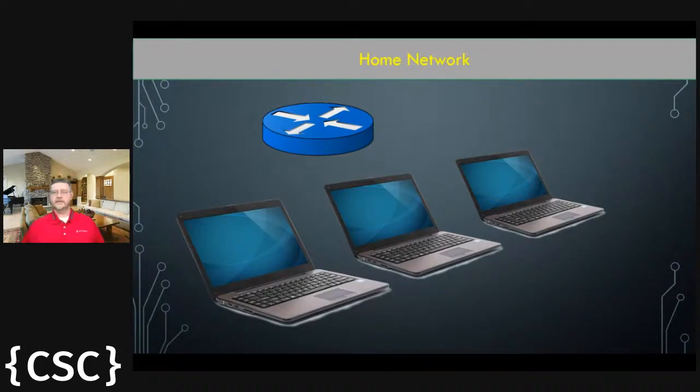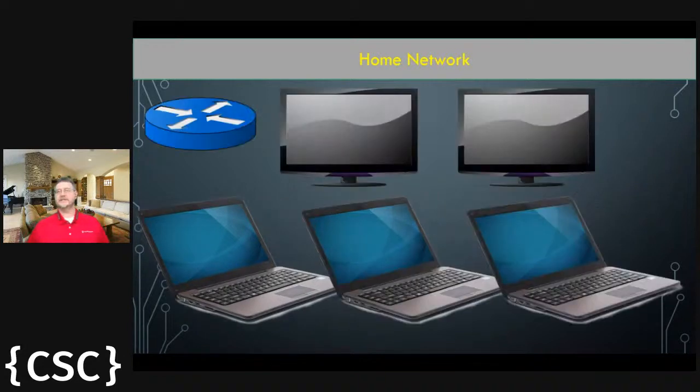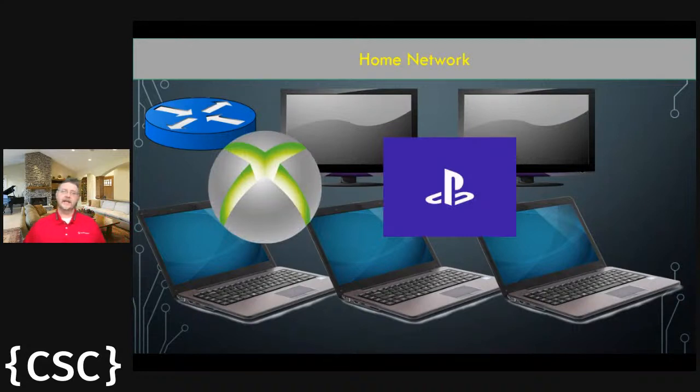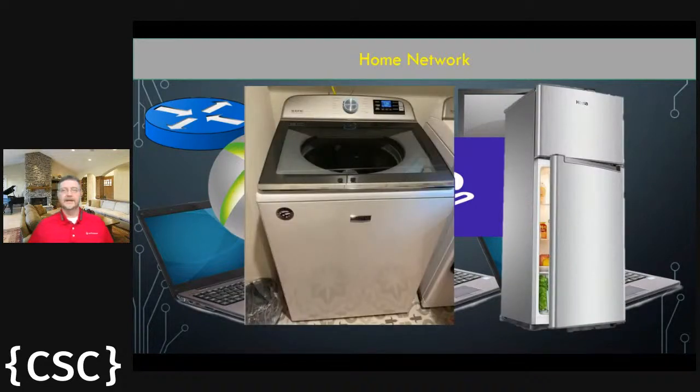And the challenge, as we're seeing it these days, is that the types of devices and the number of devices keep growing, such as more smart TVs and even game systems like Xbox and PlayStation. And even things that, in my personal opinion, do not need to be on the internet, but some are. Things like your washing machine and your refrigerator.